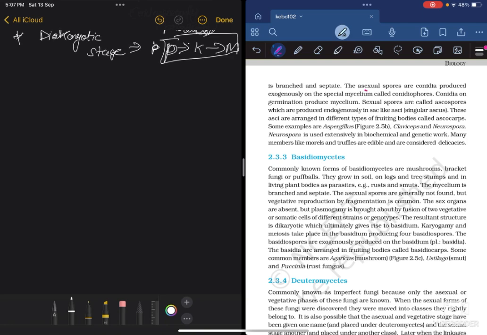As I have already told, the asexual spores are conidia, which are produced exogenously on special mycelium called conidiophores. The sexual spores are ascospores, which are produced endogenously. Sac fungi, as I already told you. This is an important point. These asci are arranged in different types of fruiting bodies called ascocarps.